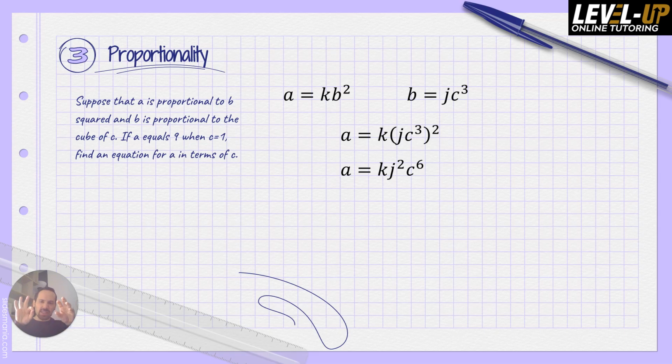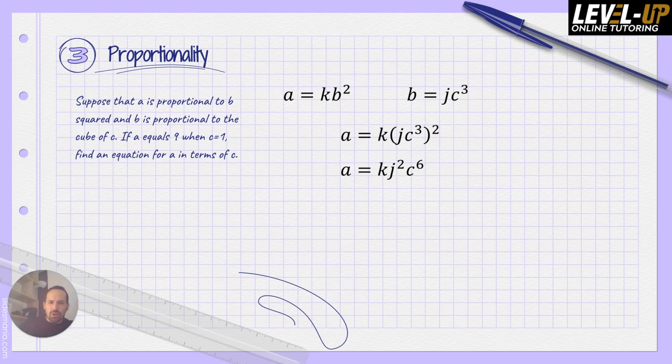We've got j times c cubed, and we're taking that to a power 2. We can just apply that power 2 to the j and the c cubed. So j becomes j squared, c cubed becomes c to the power 6, using our indices laws, 3 times 2 gets 6.